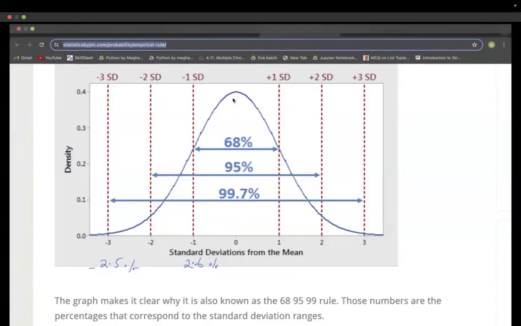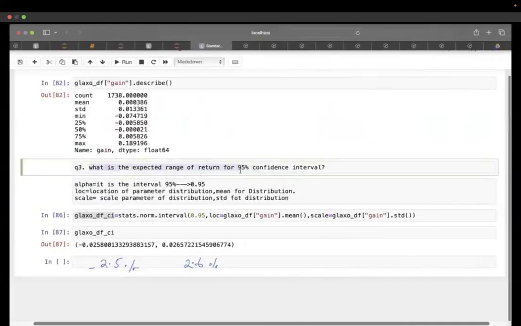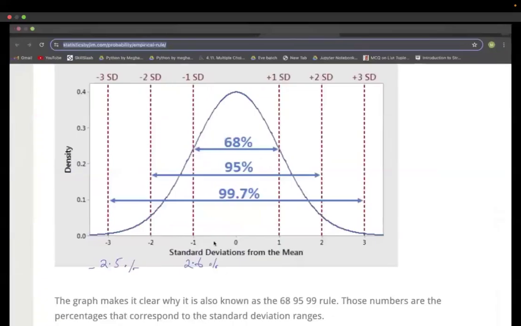The question says, what is the expected range of return for 95% confidence interval? Range of return means what? We are talking about gain here. Okay. When we are talking about gain with 95% confidence interval, it is telling you that it is going to lie somewhere between here in the minus 2.5 or 2.6% of your distribution.